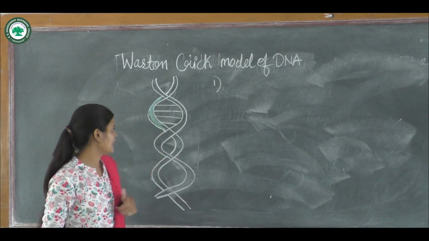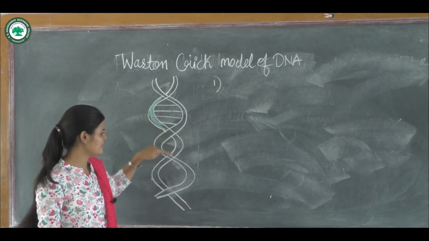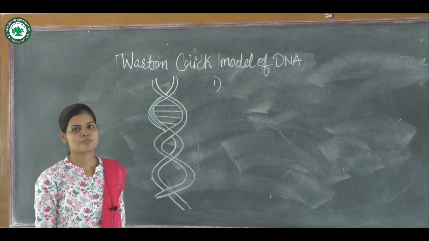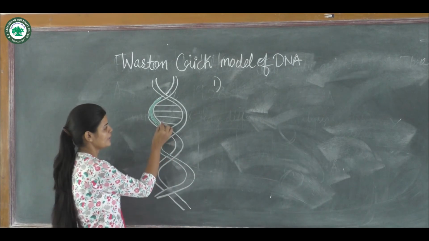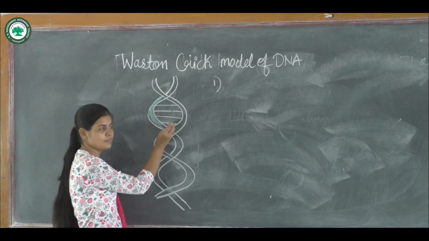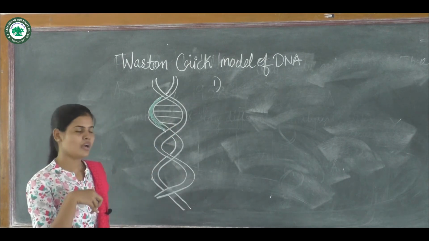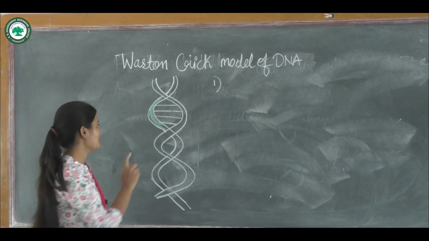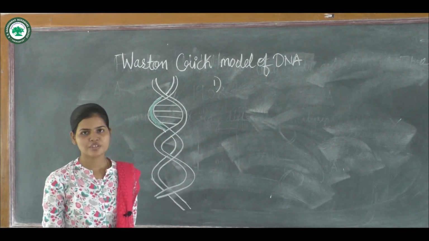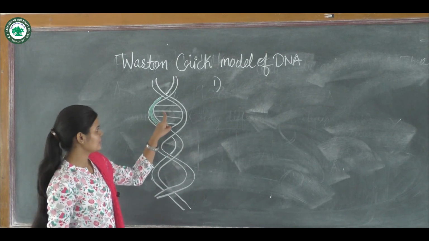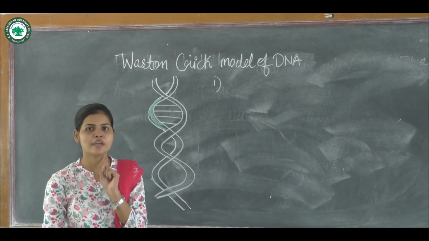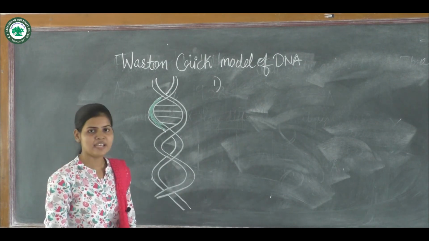Now the third point is that these two polynucleotide chains are held together by hydrogen bonds. The hydrogen bonds are in such a fashion that they form between specific pairs of nucleotides.